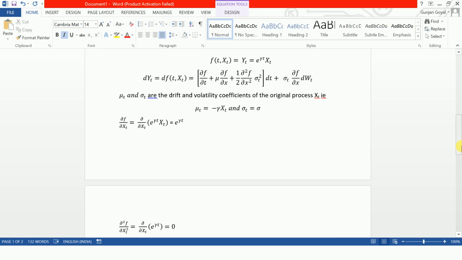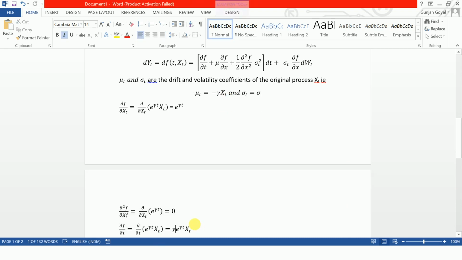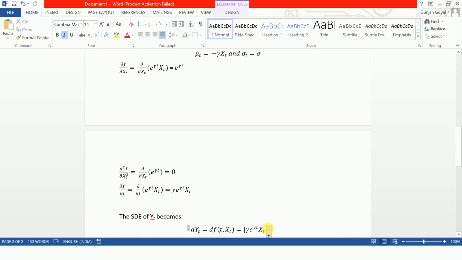and minus gamma xt comes for mu, so since we have written minus gamma xt, it comes from here. And then you have your e to the power gamma t from your del f del x. So this is the value from here, and plus a 0 with the dt, and then you are left with the sigma square part.